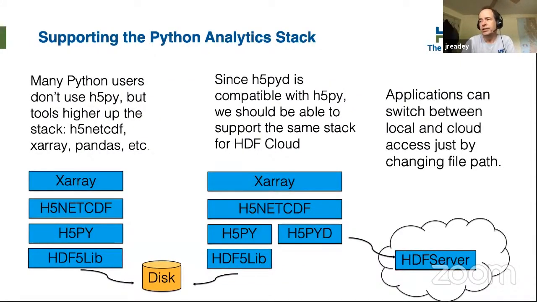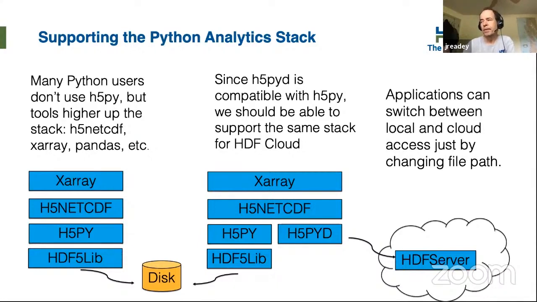So I mentioned Xarray and H5NetCDF. In the Python world, there's lots of different packages that are developed for different communities, and many of these are based upon H5Py. And the interesting thing here is that you can support this stack of libraries with either H5Py or H5PyD.